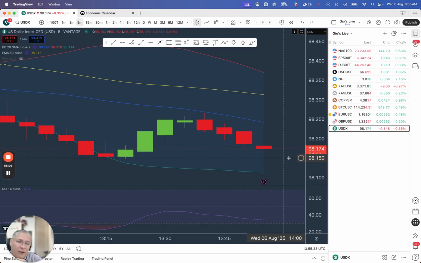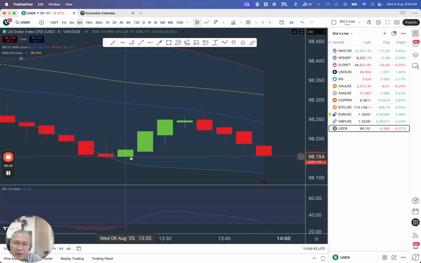98.15 shows me a previous low, and I had told you about the dead cat bounce, that if the trajectory continues to move, then that will be the target if you enter short, right? So the market is showing us that the dollar index is dropping.